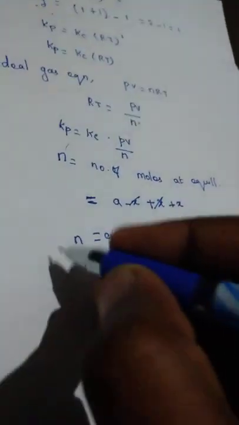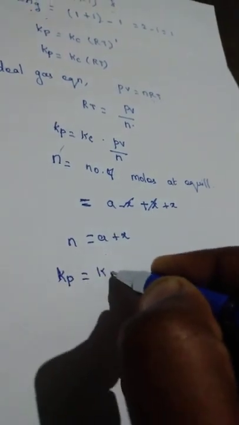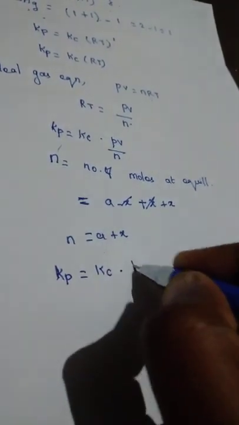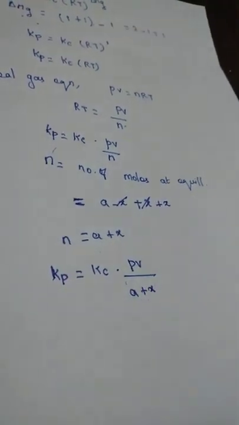If you are substituting, the formula is Kp is equal to Kc into PV divided by N value A plus X. Understand?